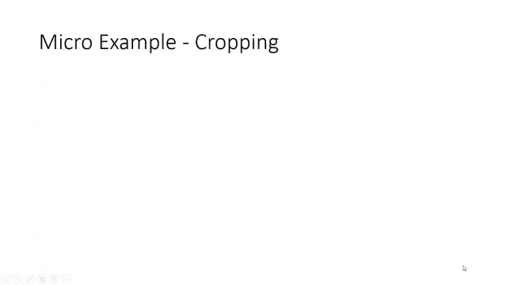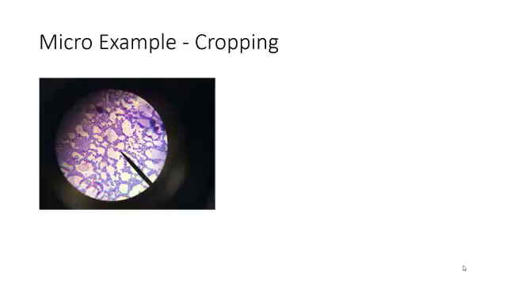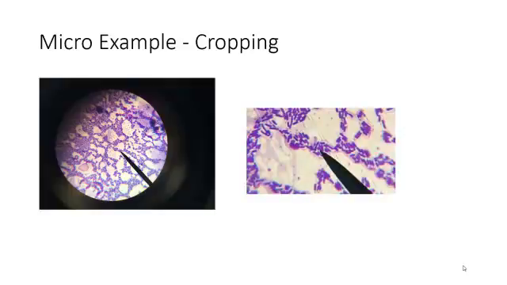So let's go with a micro example of when you would want to crop. So here's a picture that I took using my smartphone through the oculars, and that's not what I saw with my eyes. I put the pointer on the interesting part, but this is what I was actually looking at with my eyes.